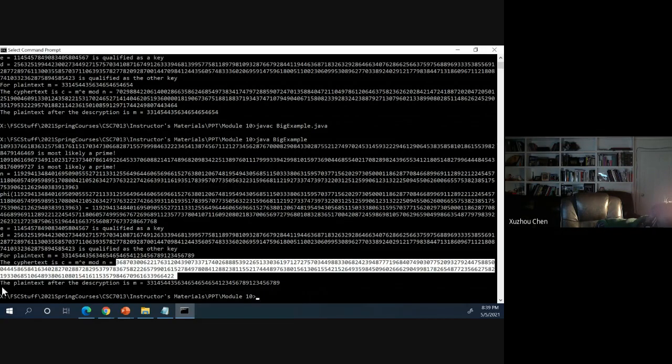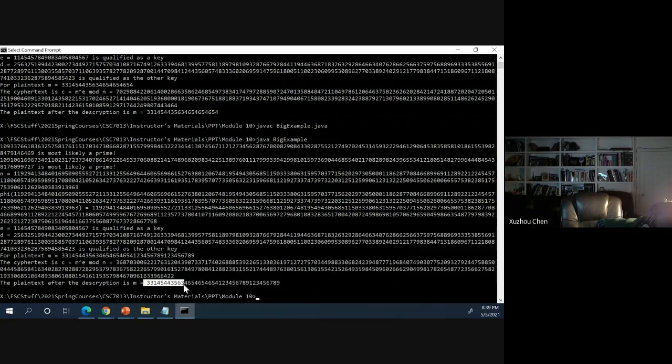And if I actually do the decryption, I get m back. So this is c, and this is m. This is the same as this. Okay. So now I've just given you some sense of how RSA works. RSA works on extremely big numbers. Now let's do a simple math before I call it a day.